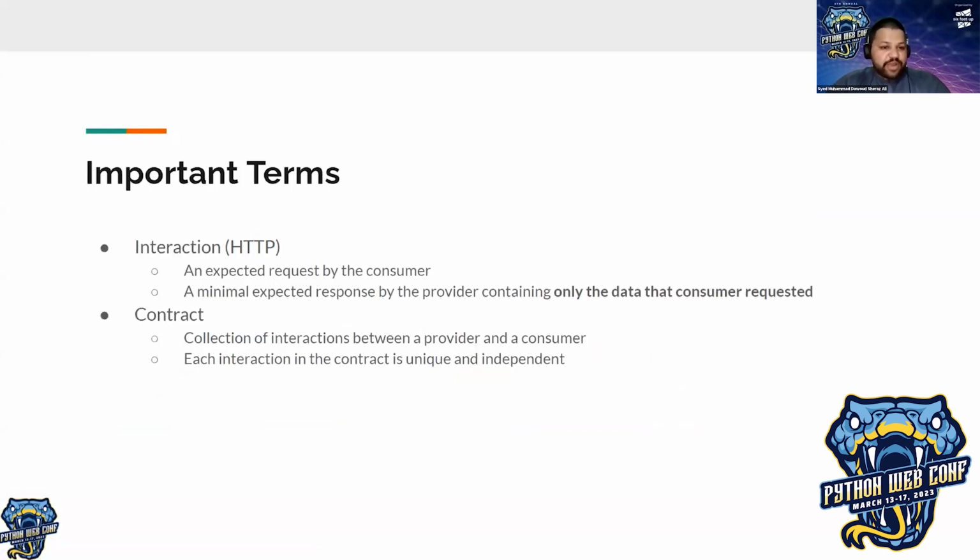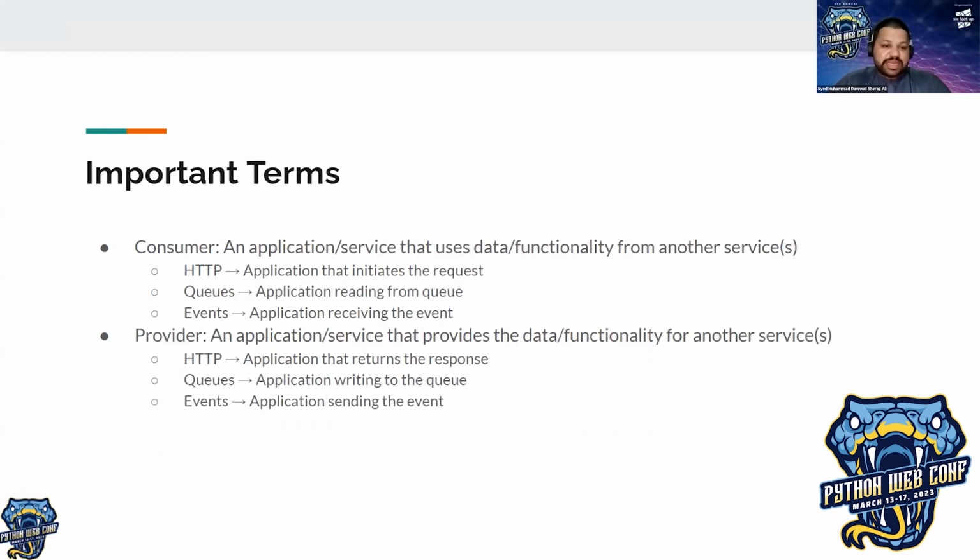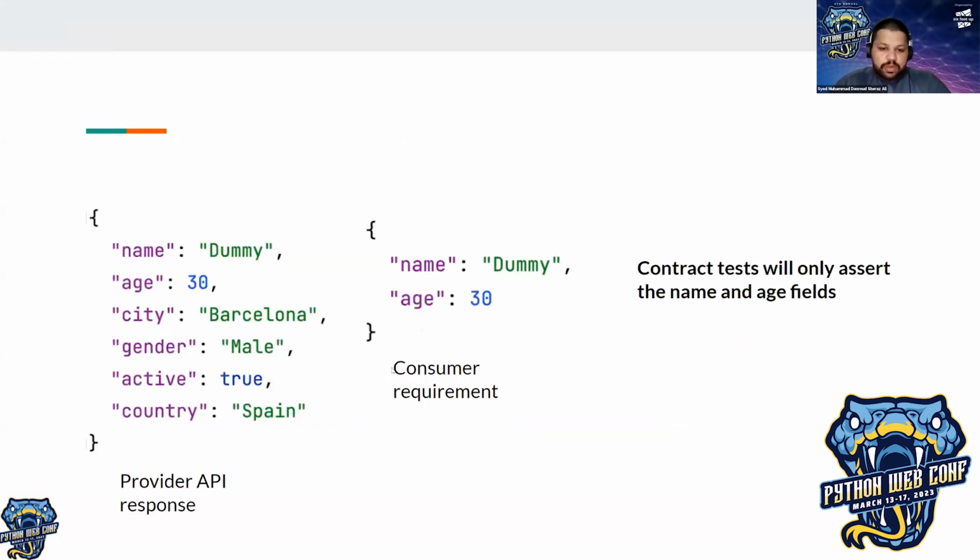What is interaction? If I go back to this example, the consumer is only interested in name and age. So if the consumer were to hit the provider's account API, it expects name and age to be there.